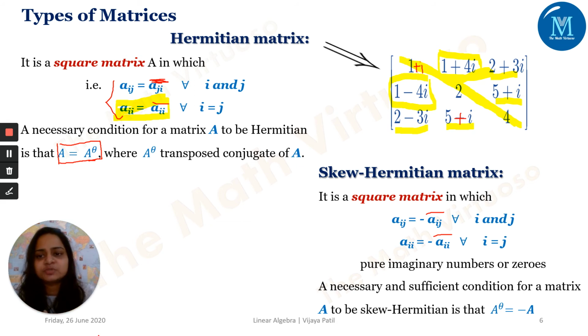So if you observe, the Hermitian condition is Aij equal to Aji conjugate, and the condition of skew Hermitian says Aij is equal to minus of Aji conjugate, for all i and j. This is almost similar, with only a difference of one negation, but that changes a lot between a skew Hermitian and a Hermitian matrix.